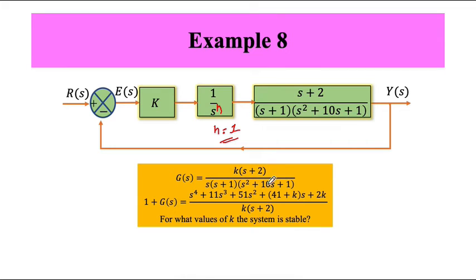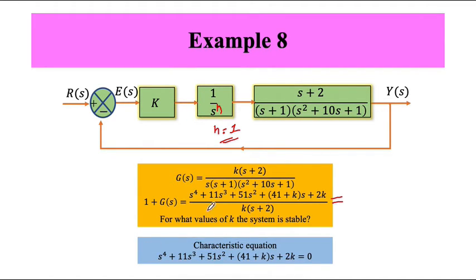So this is my system gain, and the characteristic equation will be formed from 1 plus G(s). So the numerator will give me my characteristic equation. Okay, so the characteristic equation of the system will be the numerator term, and you have to find out what will be the range of K so that the system is stable.